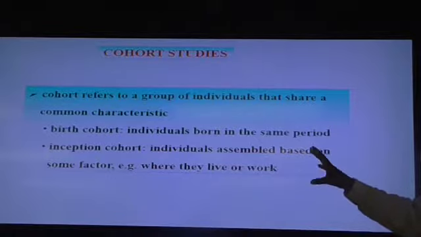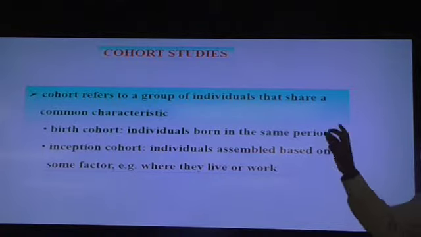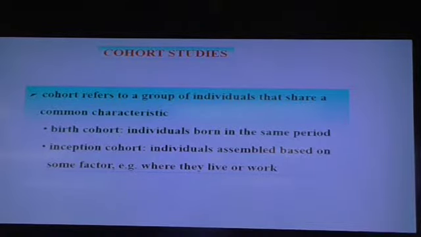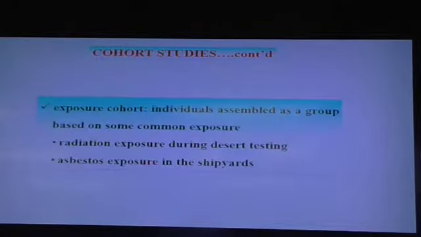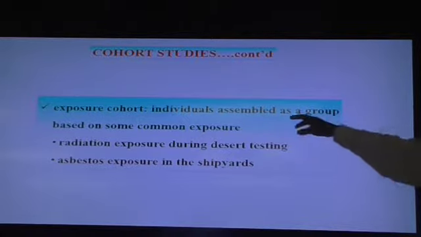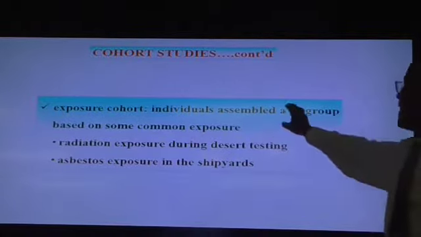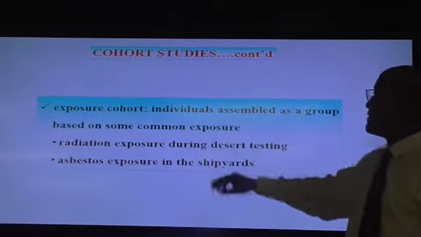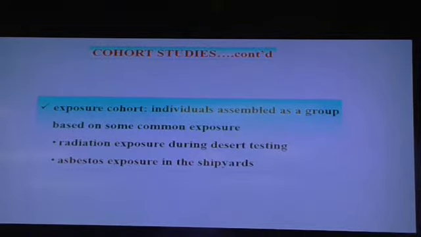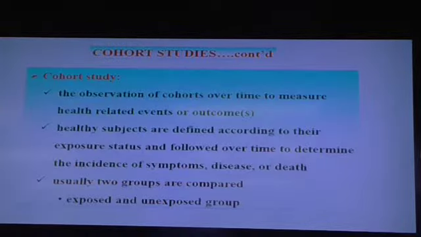We're going to talk about birth cohort, inception cohort, exposure cohort. That means groups similar in some trait. As I said, exposure cohort, individuals assembled as a group based on some exposure. So we have several kinds of these groups. For example, asbestos exposure in shipyard.